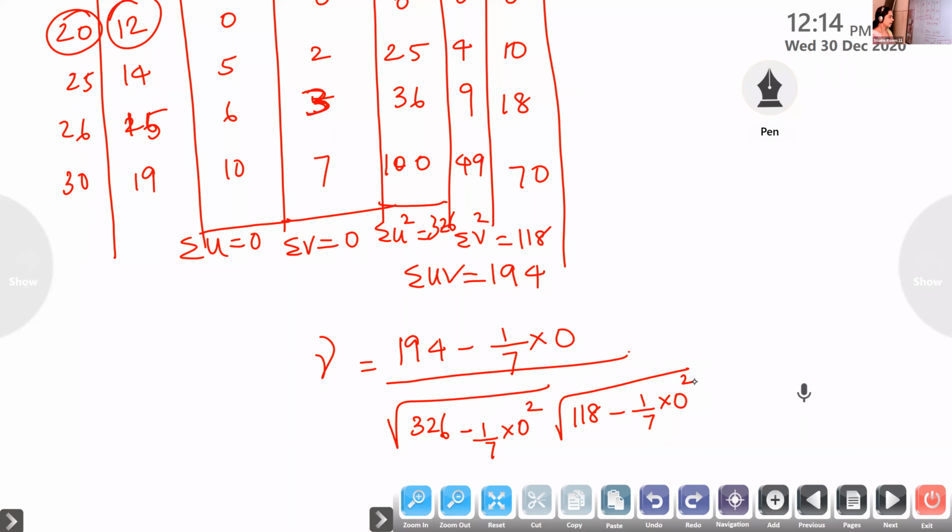So it is 194 by root of 326 into root of 118. Is it like this you are getting, Aishwarya? No. There's some calculation mistake somewhere. Check it. Then find the square root and find the answer.